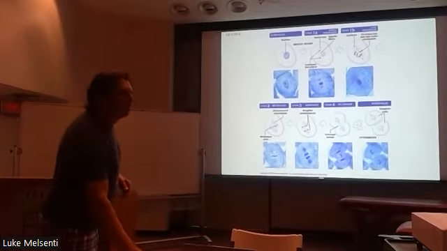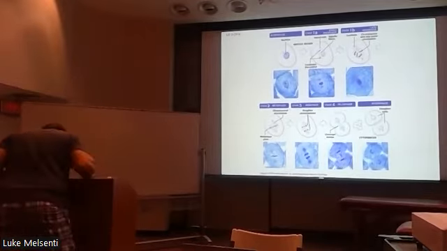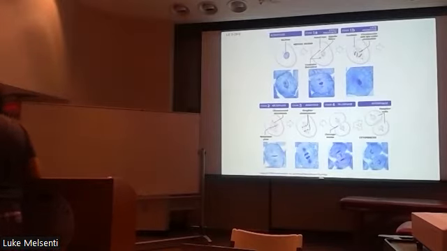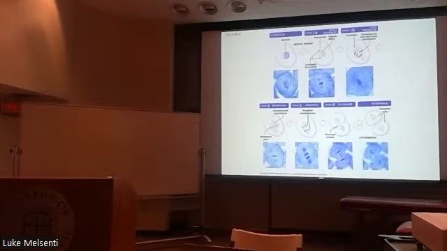G1, what happens? Starts to get bigger. Very good. It starts to get bigger. It starts to replicate the organelles. And then you go to what phase? The S phase. What do you need for the S phase? What nutrients?